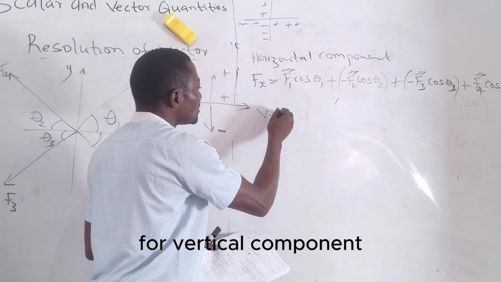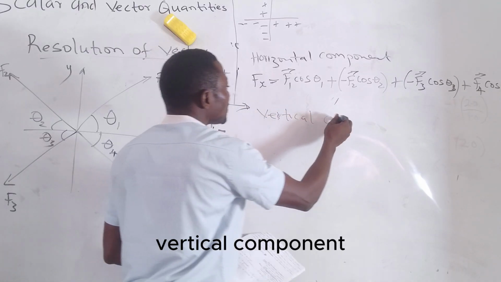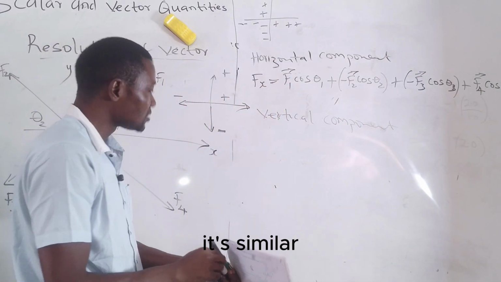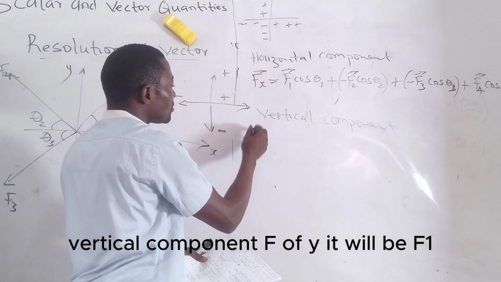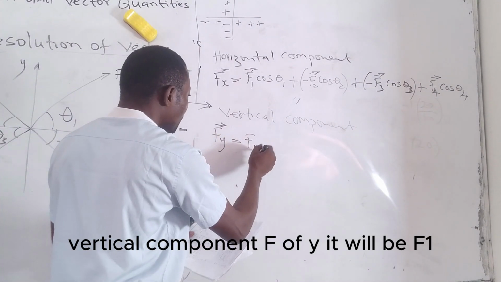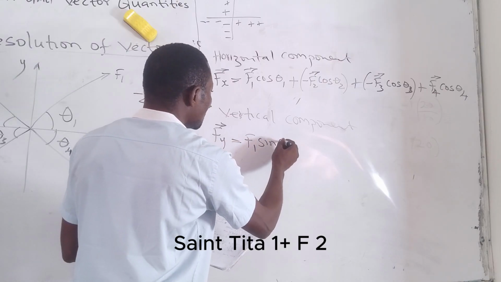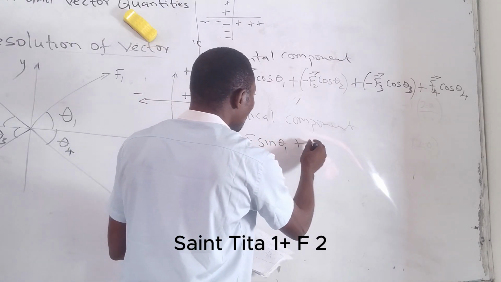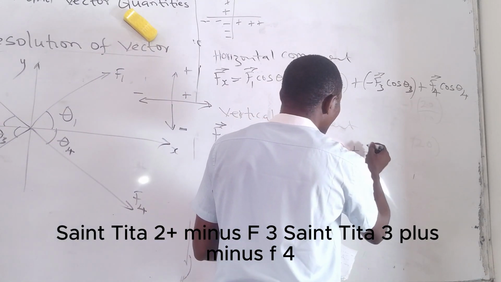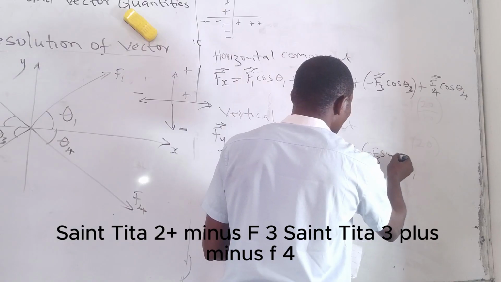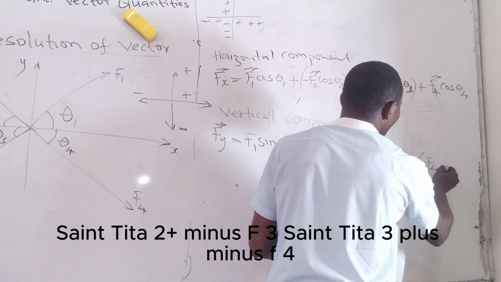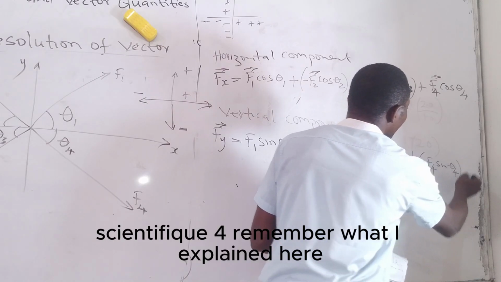For the vertical component, this is how we go about it. It's similar. The vertical component Fy will be F1 sin theta 1 plus F2 sin theta 2 plus or minus F3 sin theta 3 plus or minus F4 sin theta 4.